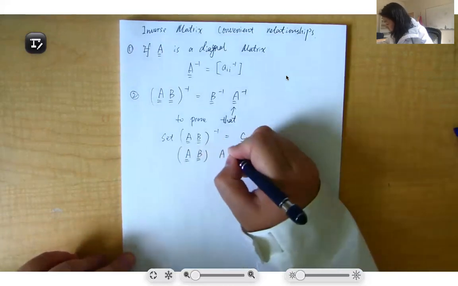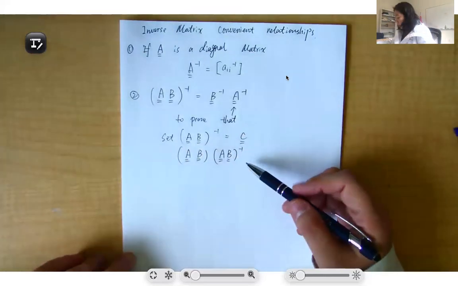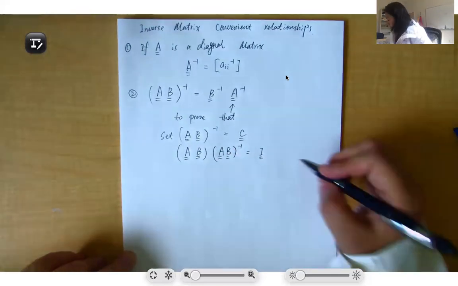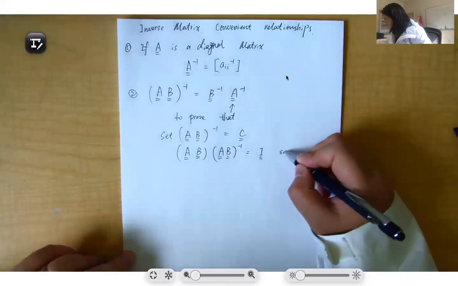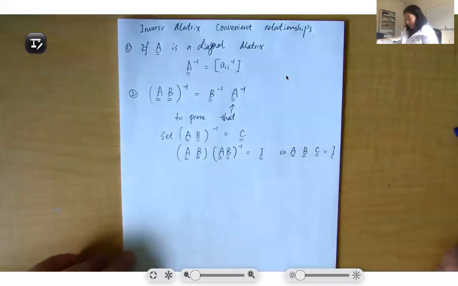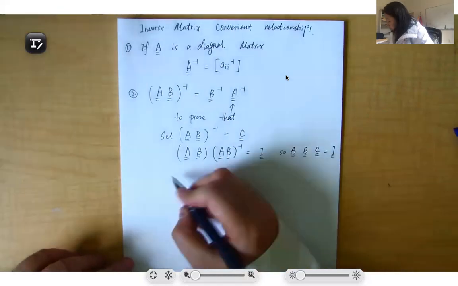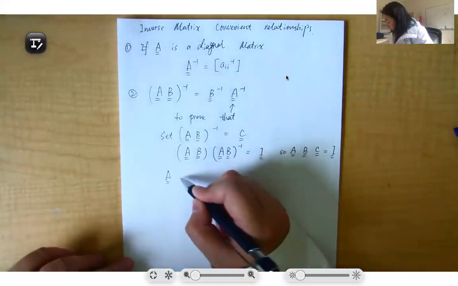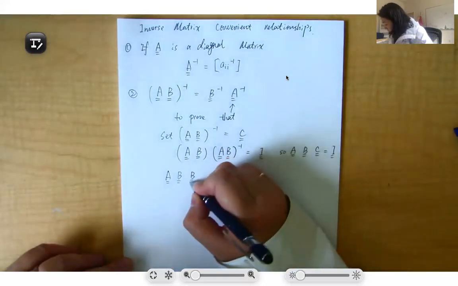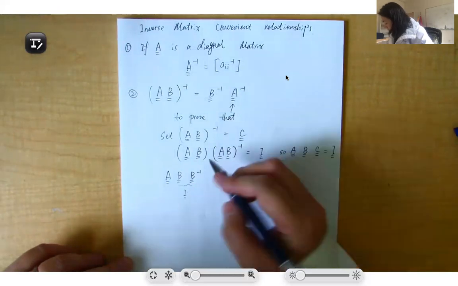times the inverse of AB, a matrix times its own inverse, is equal to the identity matrix. So we can say ABC will be an identity matrix. Okay. And then you also know that if you write it this way, AB times B inverse, this part will be the identity matrix.